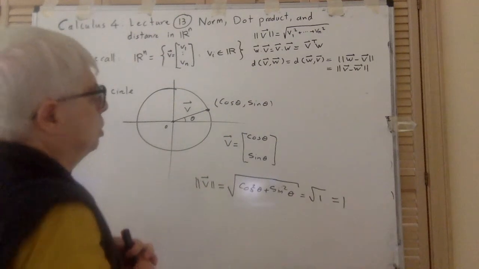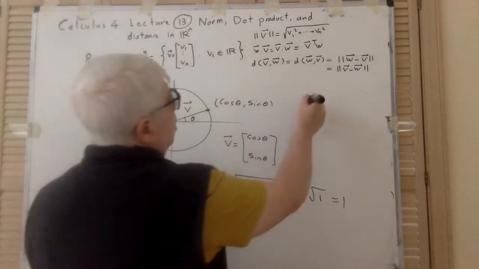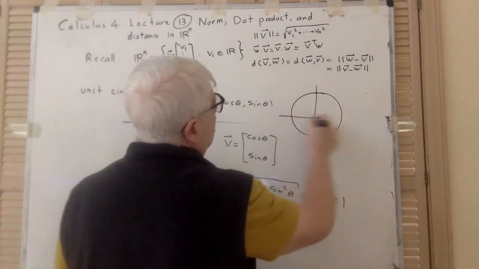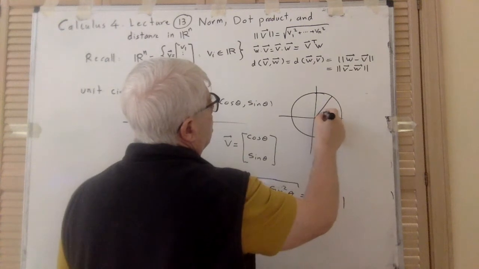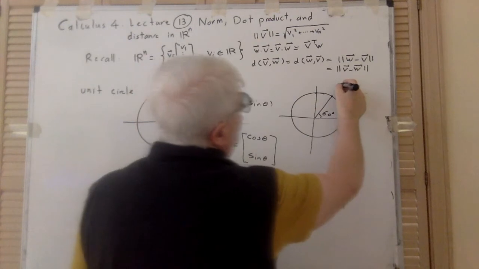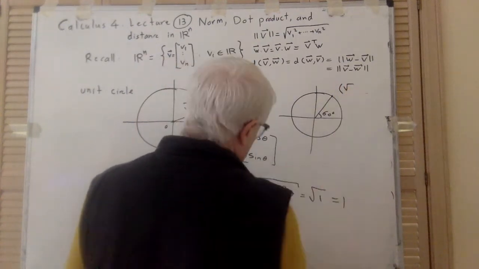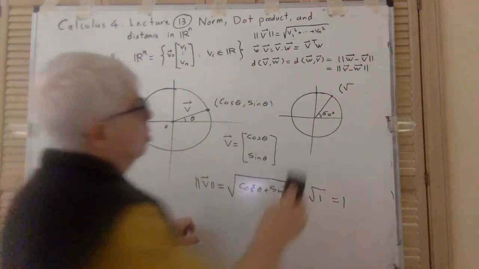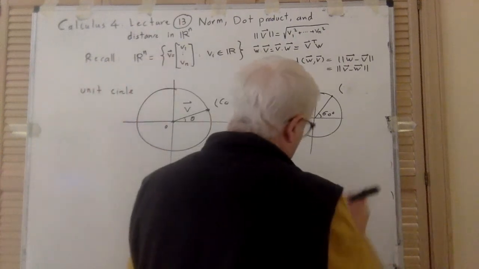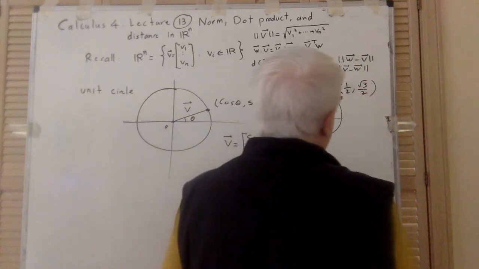Examples of this are, let's say 60 degrees, for example. If I have 60 degrees here, then this point has coordinates 1/2 and the square root of 3/2.